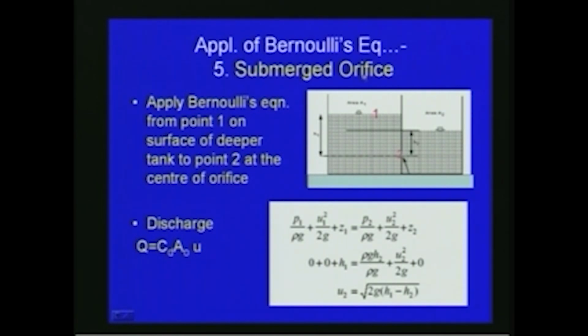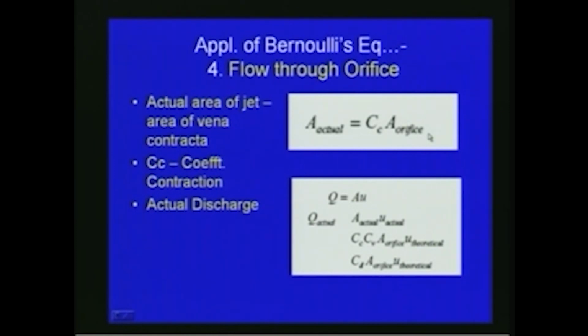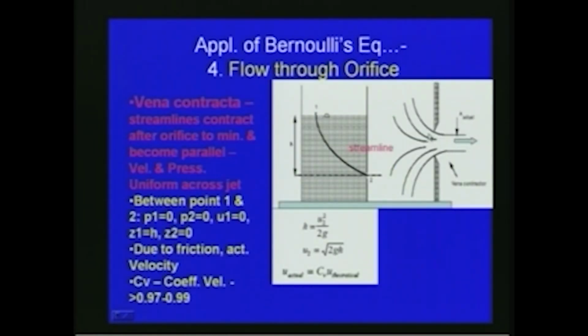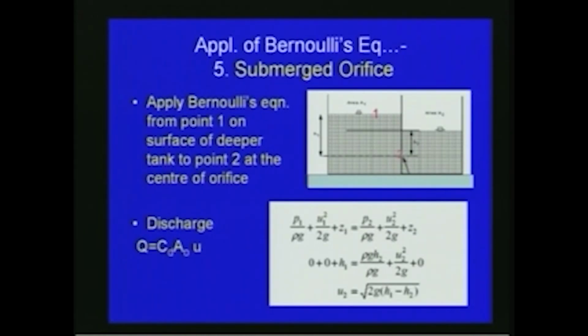Earlier we have seen just an orifice which is directly emptying the liquid, or the water, to the atmosphere. Now we consider a submerged orifice as shown in this figure. Here you can see there is an orifice at location 2, and through this orifice the liquid is passing from tank 1 to tank 2, two adjacent tanks.